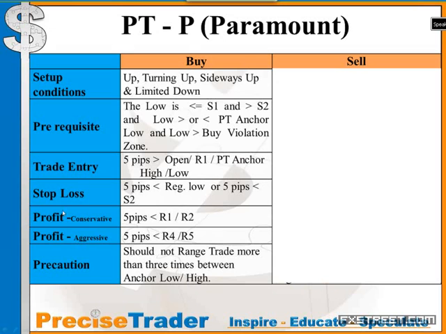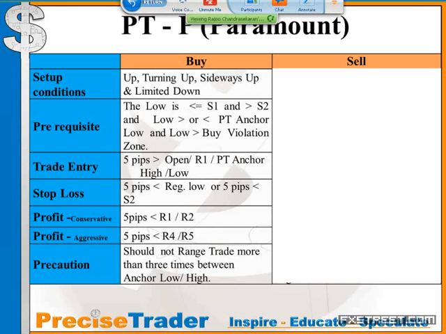Okay, and my profit is, if I'm calling myself a conservative trader, then I would exit between 3 to 5 pips less than R1 or R2. Remember, I said that the day high and day low would happen within our zone 1 and zone 2 levels.